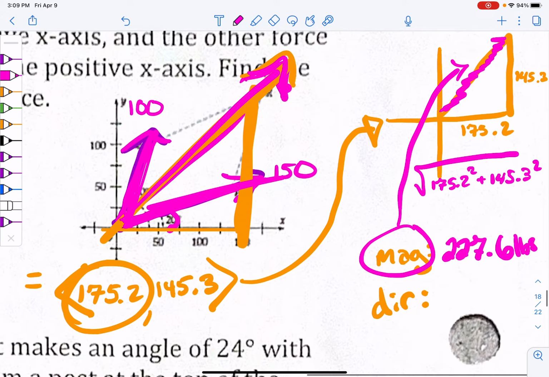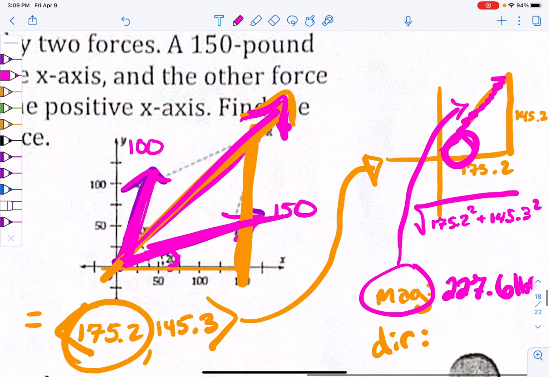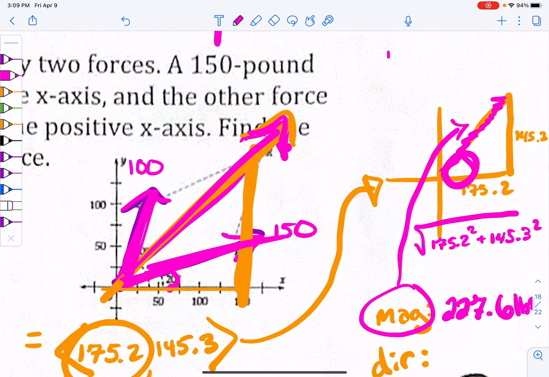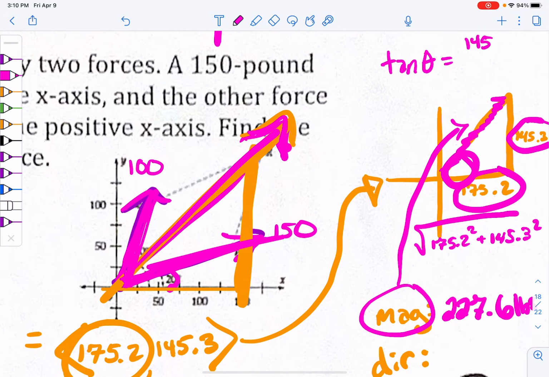And the direction is this angle right here, which is the tangent. We've done that tangent before. Tangent of theta, opposite over adjacent. So 145.3 divided by 175.2, and that's when we do that inverse tangent.